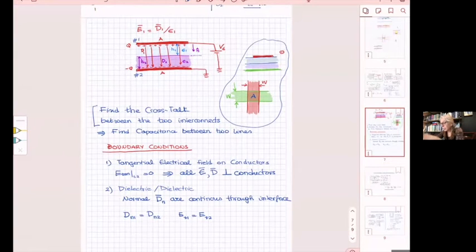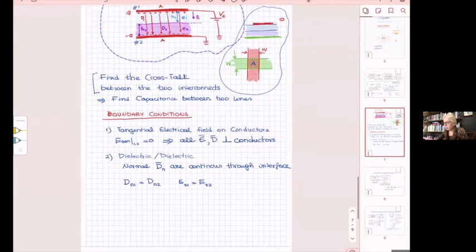So all of the field lines look like here. They are all perpendicular to the conductors, which makes the number 1 to be correct.